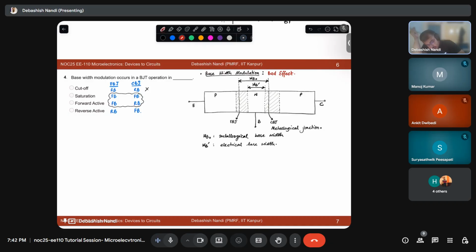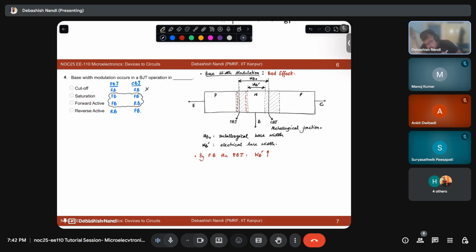So depletion width reduces, right? So basically, by forward biasing the EBJ, WB dash increases. That is one fact.